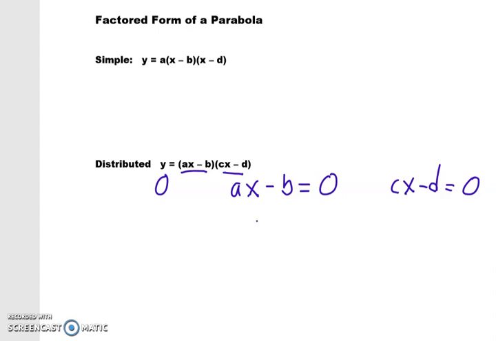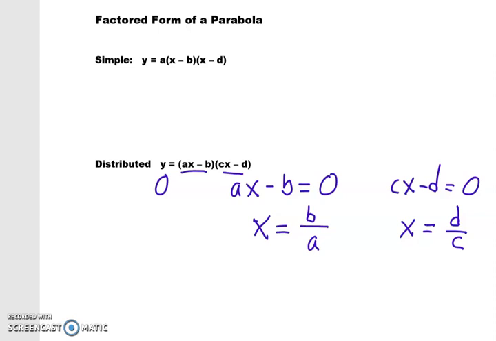Well, with a little bit of equation solving, the first set of parentheses says x has to be b over a, and the second set says x has to be d over c. So this time we get a fraction. A thing multiplied turns into a denominator when we solve for both parts.